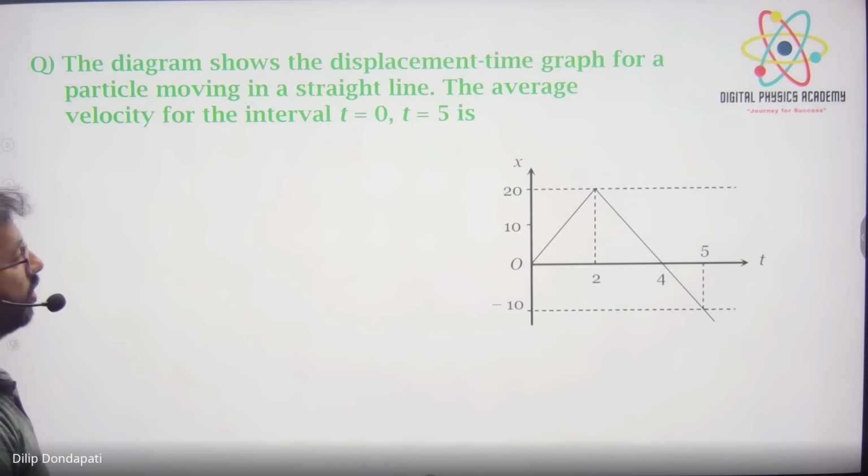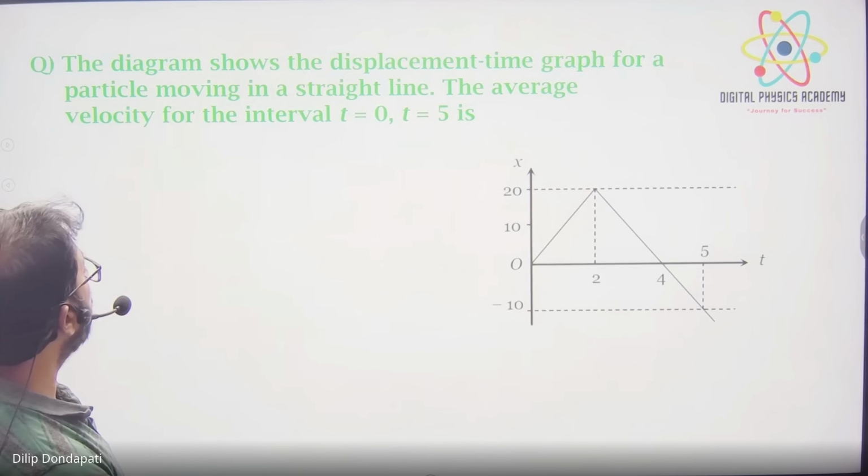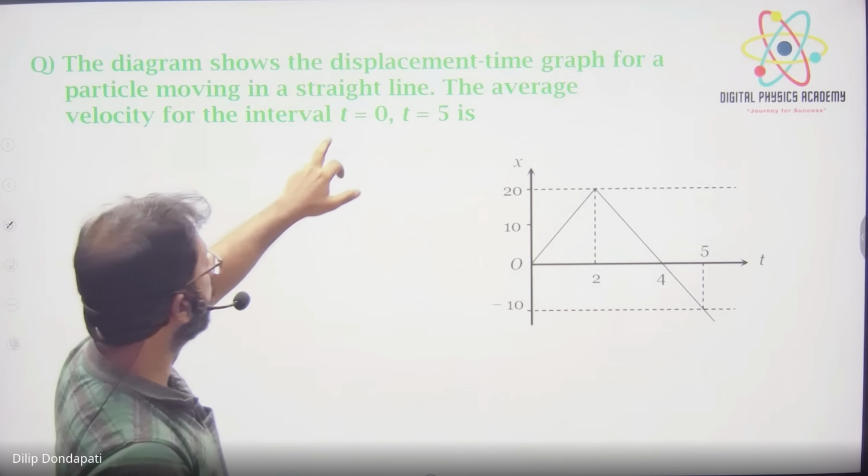The diagram shows a displacement time graph, a straight line. The average velocity of the interval 0 to 5 seconds.